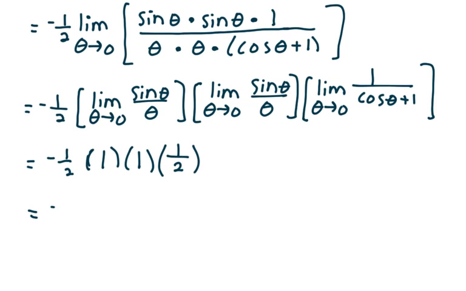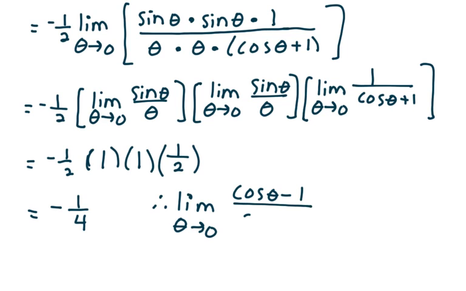And so the answer to this problem is negative 1/4. And so therefore, the limit as theta goes to 0 of (cosine theta minus 1) divided by 2 theta squared is negative 1/4.